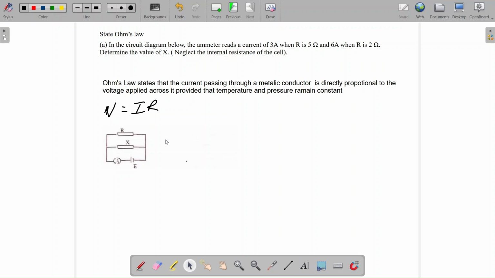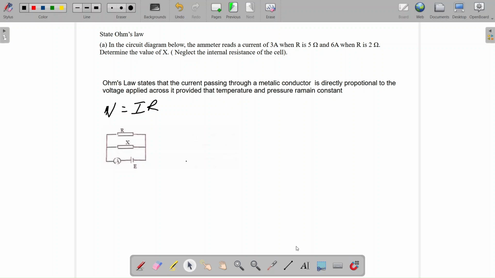Determine the value of X. Neglect the internal resistance of the cell. So what does this actually imply? It implies two resistors put in parallel to each other. So how do you solve for X, the other resistance?